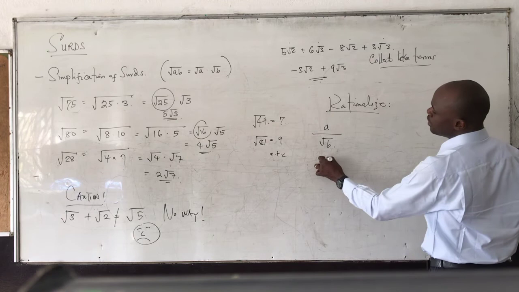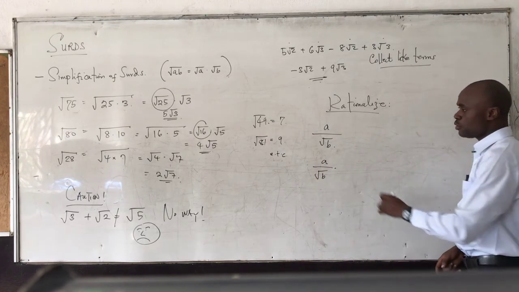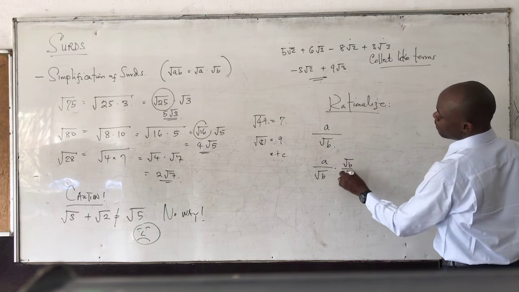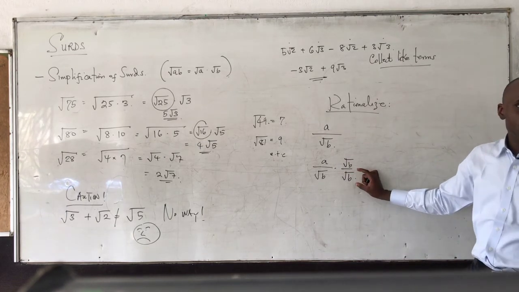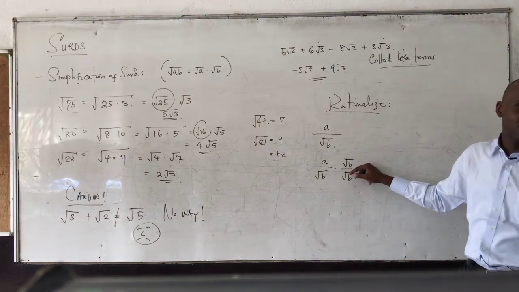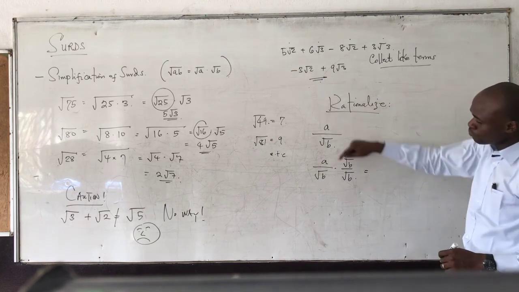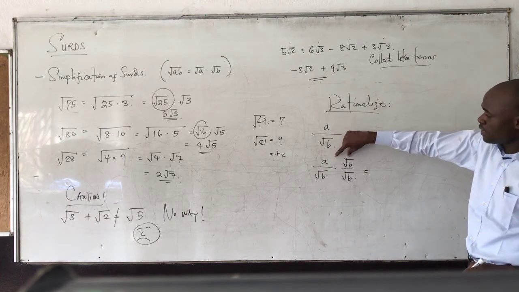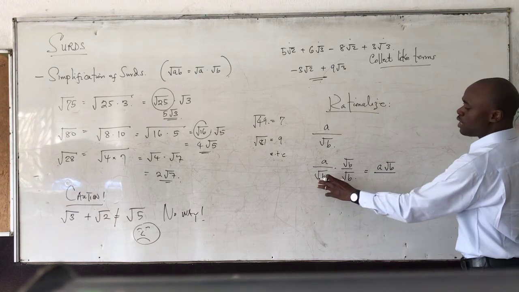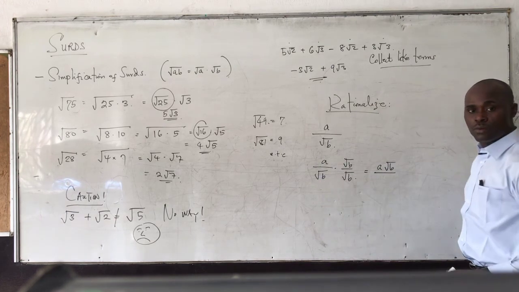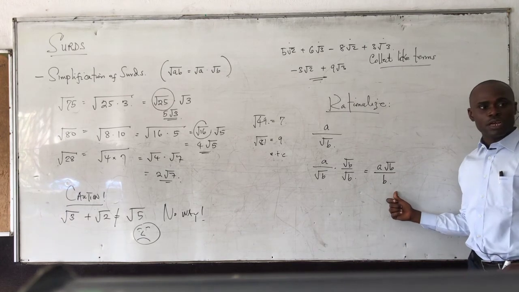To rationalize this is just for you to multiply this same fraction with the denominator as a fraction. So you have the repeated denominator as a fraction, but really this is 1, so we're not really doing anything. And by the first rule, this is A times root B, and that is going to just give us this. And there's another rule I gave, root B times root B is going to give us just B. So this is how we rationalize.